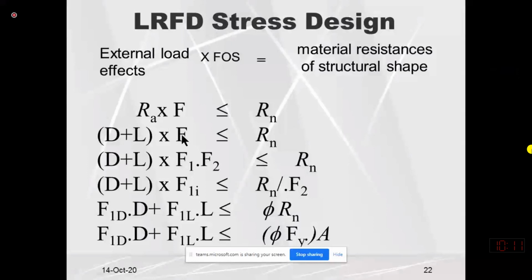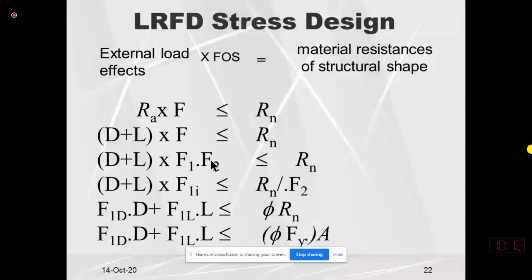In LRFD, we convert the factor of safety into two parts. For example, one part will be F1 and the other part will be F2, and F1 multiplied by F2 will be equal to F. A simple example: if F is 12, F1 may be 4 and F2 will be 3.